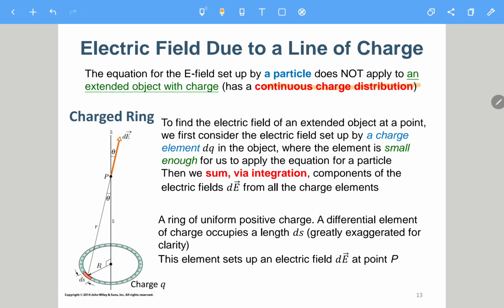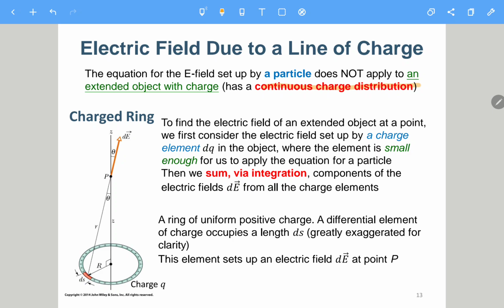Just like in the previous chapter, if we only have two charged particles, then we can calculate the force using Coulomb's law. But if we have a continuous distribution of charge, then calculating the total force will need some calculus, some integration.